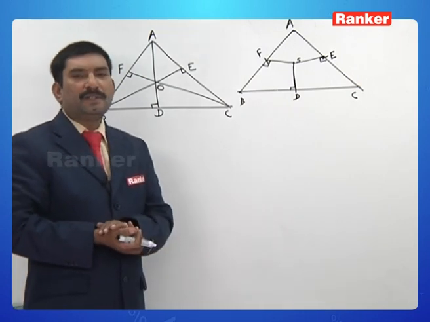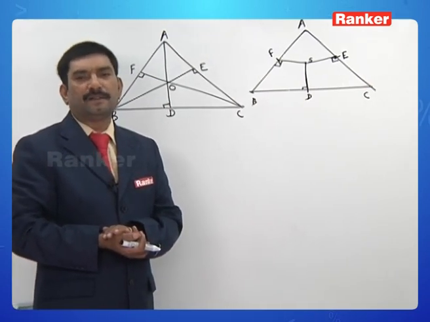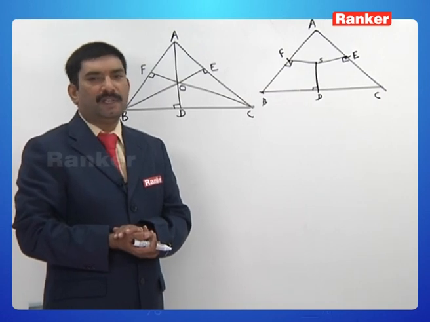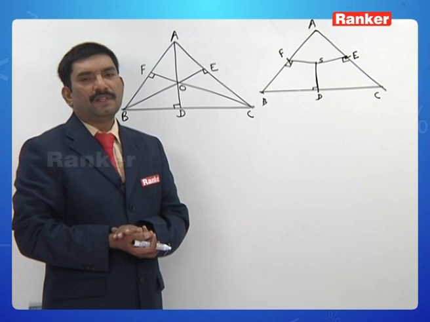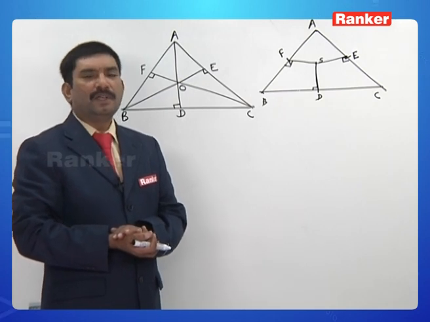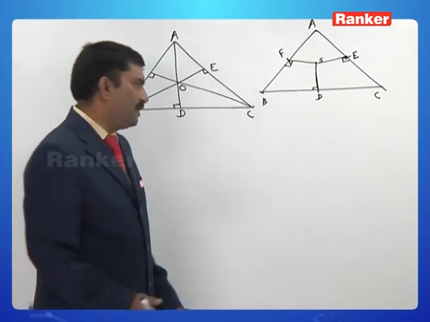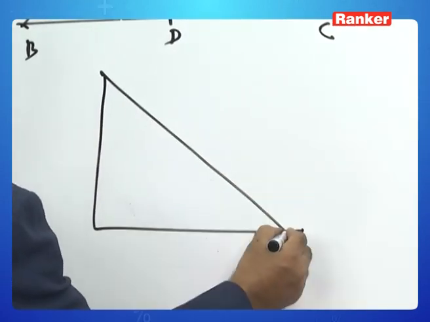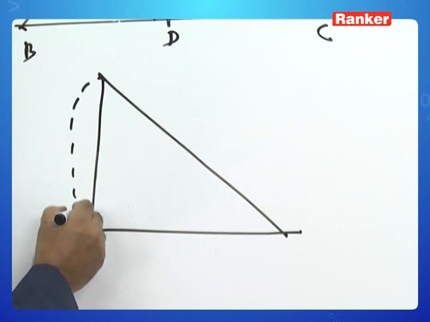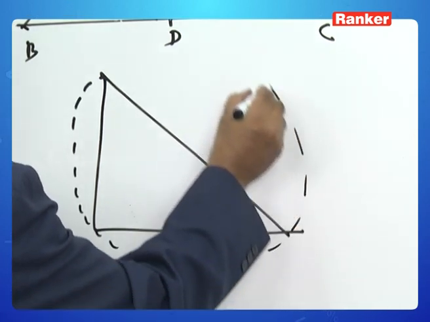So the point of concurrence of perpendicular bisectors of the sides of a triangle is known as the circumcenter. In case of a right angle triangle, the angle in a semicircle is 90 degrees, correct?